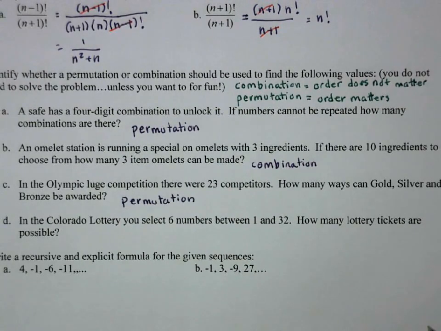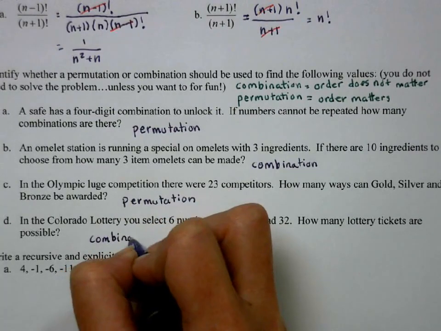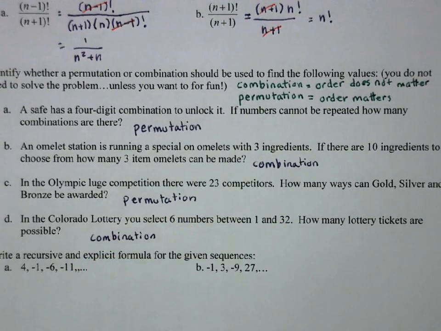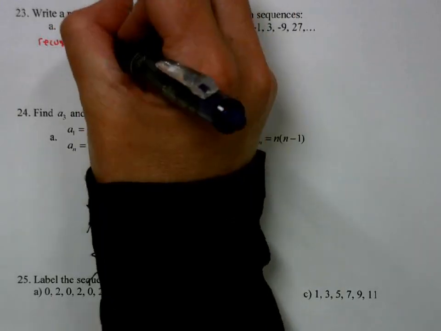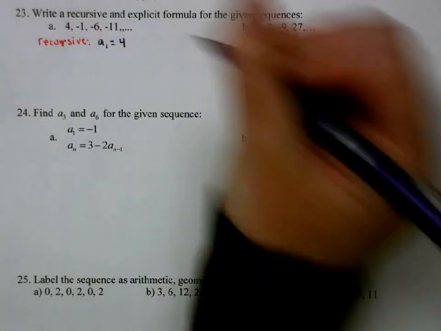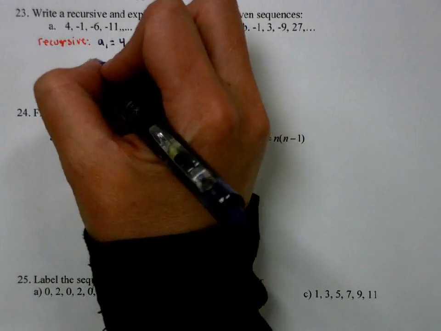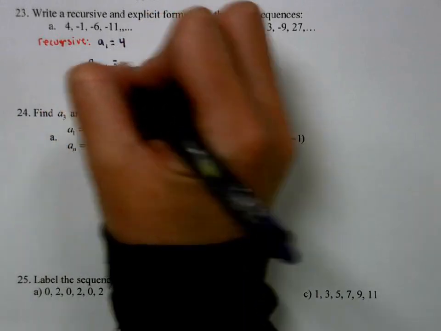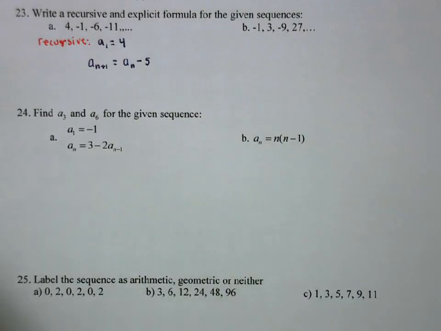Okay, next we're going to write a recursive and explicit formula. So for recursive, we always want to say what A1 is, and then we say how we want to get to the next term. So here what we're doing is we're subtracting 5. So to get to an plus 1, we're going to take the term before it and subtract 5. For explicit, you want to be able to plug in 1, 2, 3, 4 to get those values.